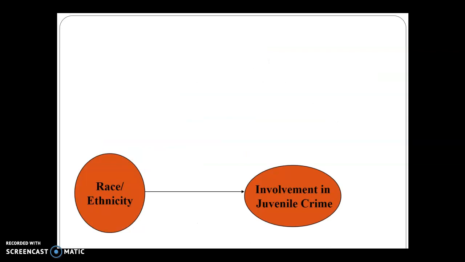Here's another example, right? Let's say your study is about juvenile crime. You want to make an assertion about the connection between race, ethnicity on the one hand, and involvement in the juvenile justice system. Think about all those different things aside from race, ethnicity that might be related to why someone gets involved in juvenile crime or in the juvenile justice system.